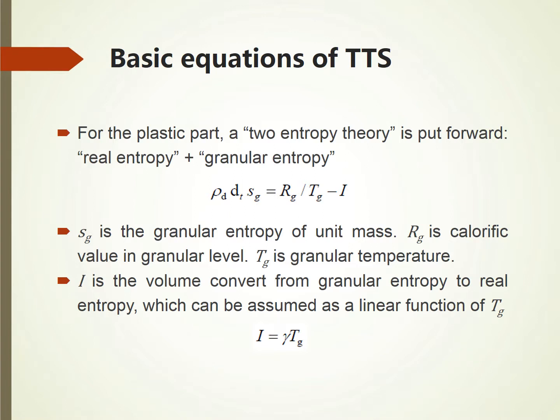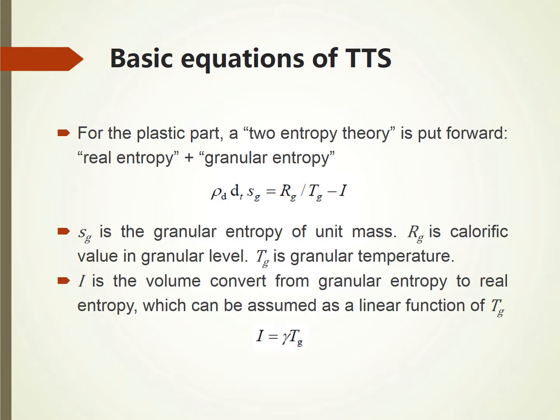For the plastic part, a two-entropy theory is put forward. It equals the real entropy plus the granular entropy, and our equation is given here. Sg is the granular entropy of unit mass.